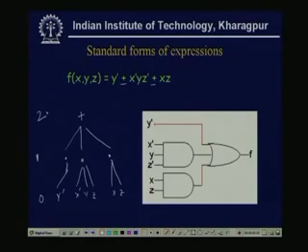So, this is my hierarchy. Actually the inputs are the 0th level, that means y dash, x dash y z, x z are at the 0th level.